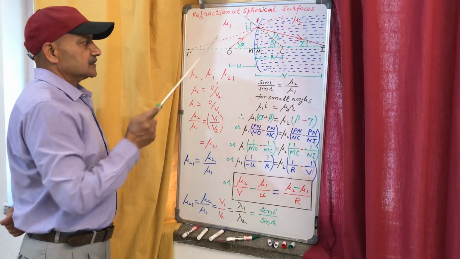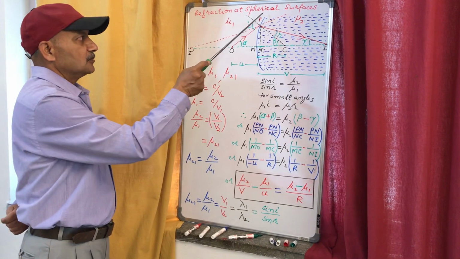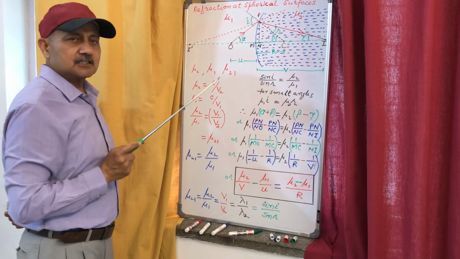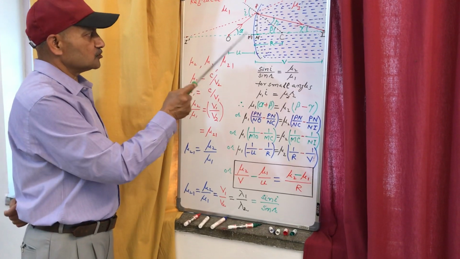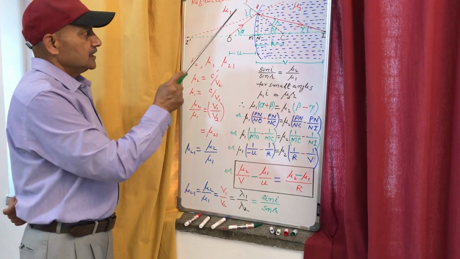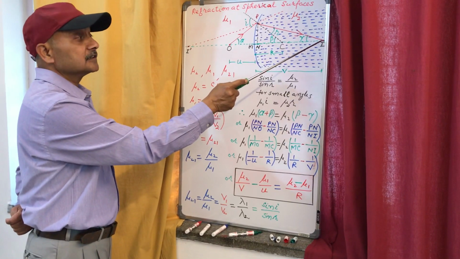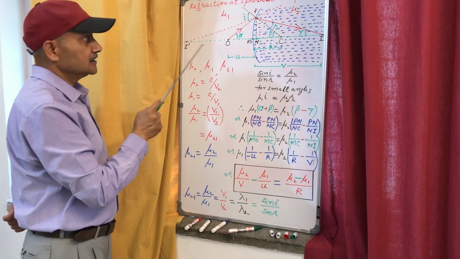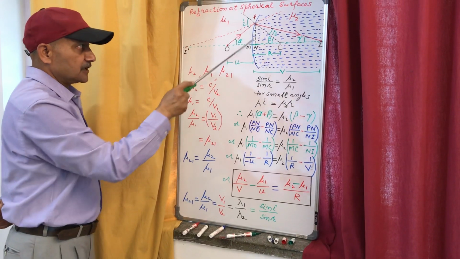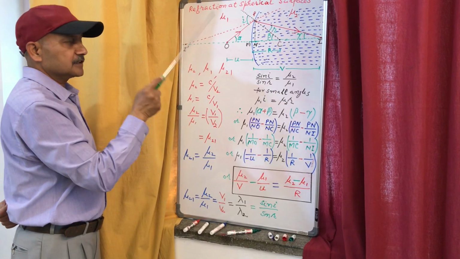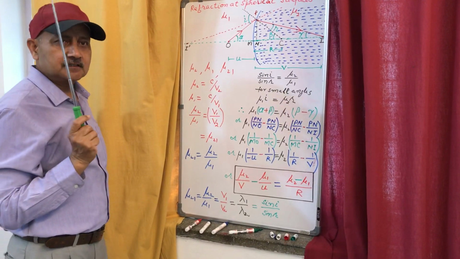In this case, we have taken a convex spherical surface which is convex towards the object. In this case, there are two possibilities: either the image is real or virtual. If the surface is concave towards the object, then also there are two possibilities.